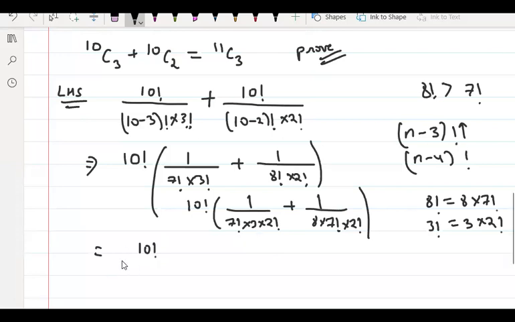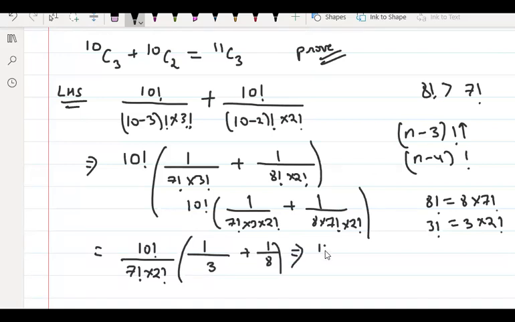So we are left with 1 by 3 plus 1 by 8. I hope everyone knew LCM. So this will give me 10 factorial divided by 7 factorial into 2 factorial into 11 by 3 into 8.